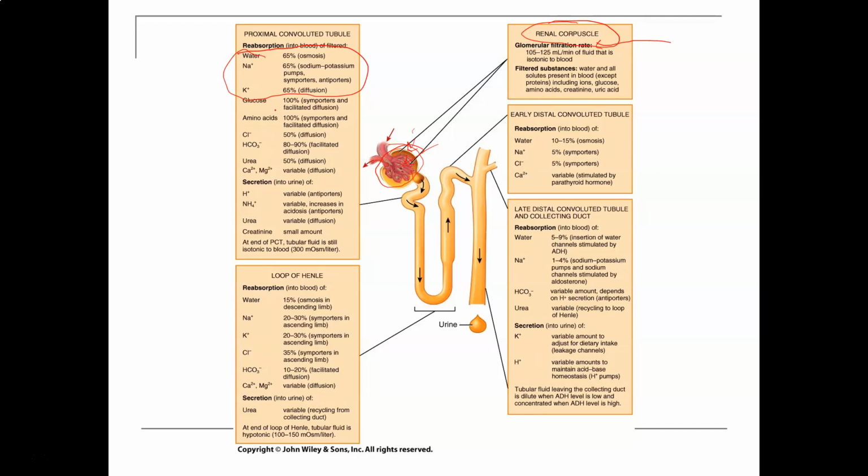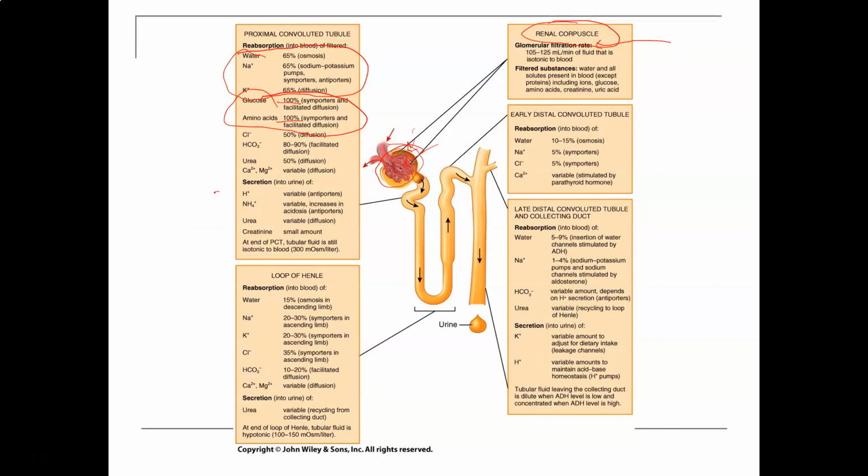Also, for the organic nutrients like glucose and amino acids that got filtered out, this is where you reabsorb 100% of them. So organic nutrients are reabsorbed here. Okay, so lots of reabsorption going on, which makes sense. These are things you want to keep, so let's just get them back in our bloodstream as soon as possible.